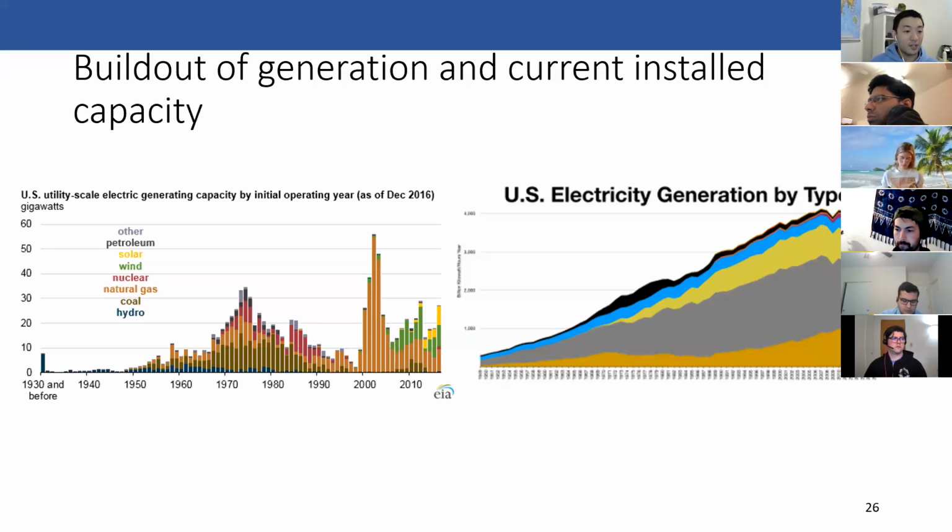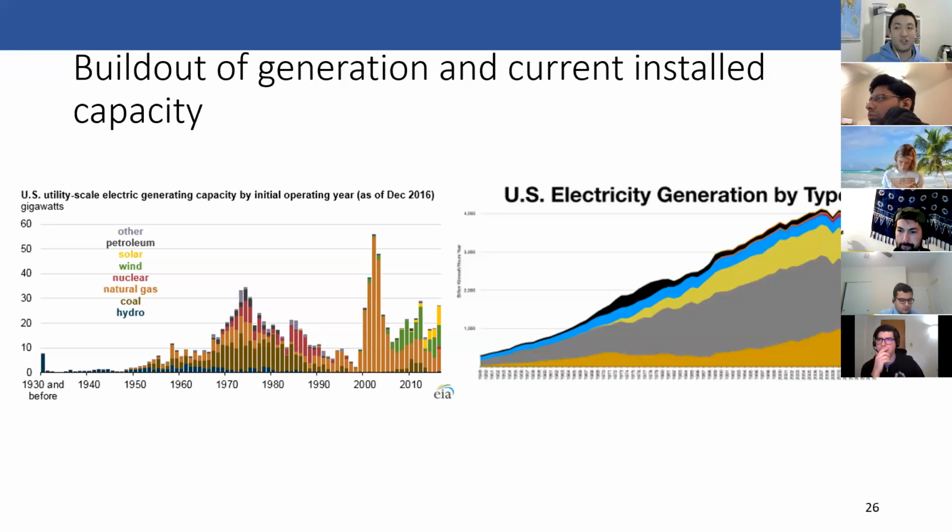Nuclear power really started around the 1970s, and we'll talk more about nuclear next lecture. But one of the things that you'll notice is that past 1990, the construction of new nuclear plants really hasn't happened, and there are a plethora of reasons for that.